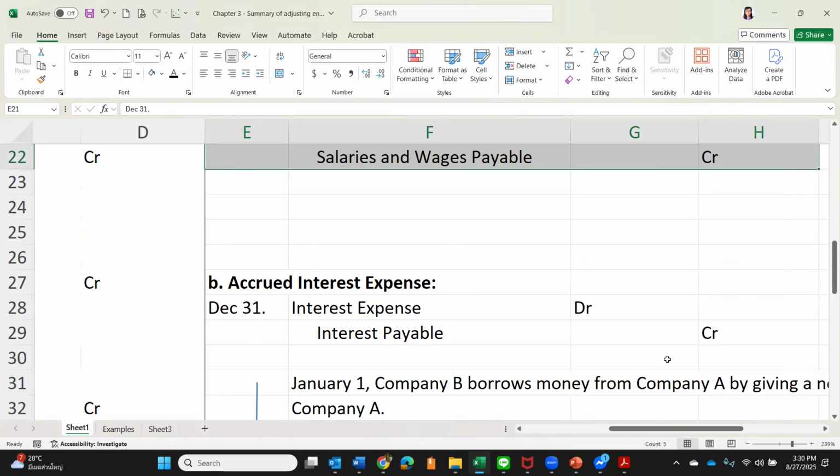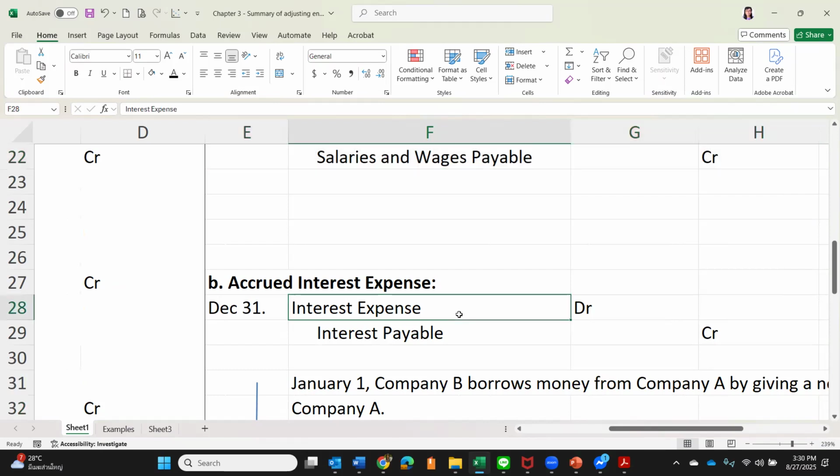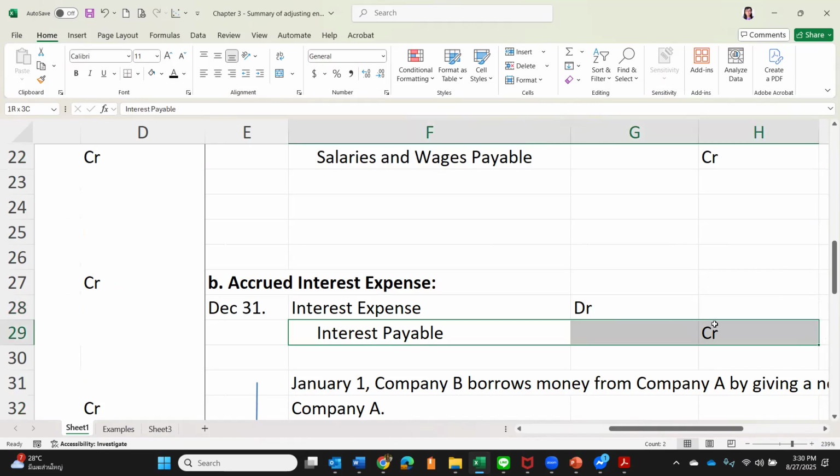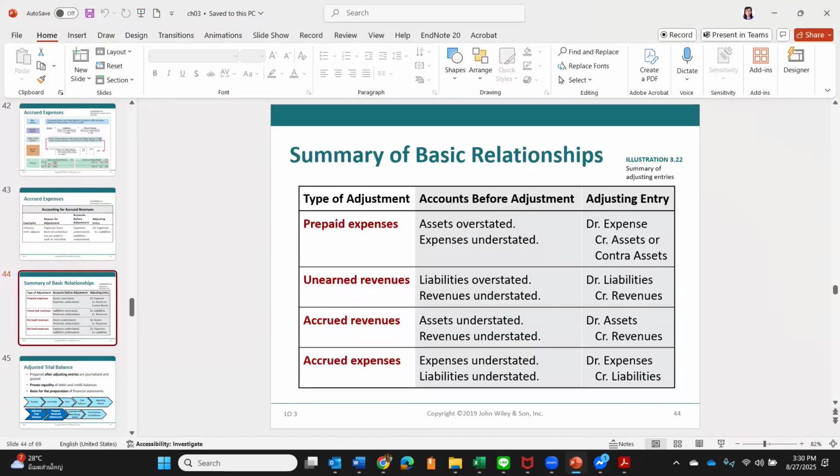And if you borrow money from someone, after some time interest expense is already incurred, and if you haven't paid yet, we have interest payable. So we debit interest expense and credit interest payable. Okay, so these are the adjusting entries that we have learned.